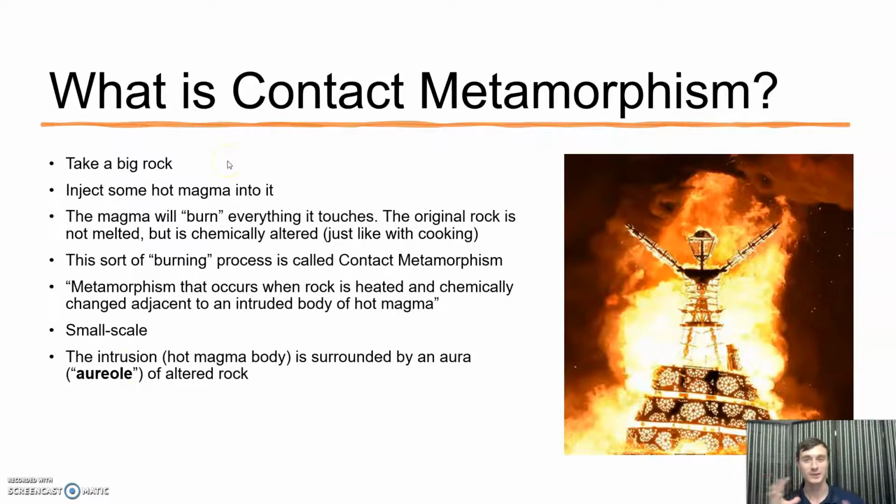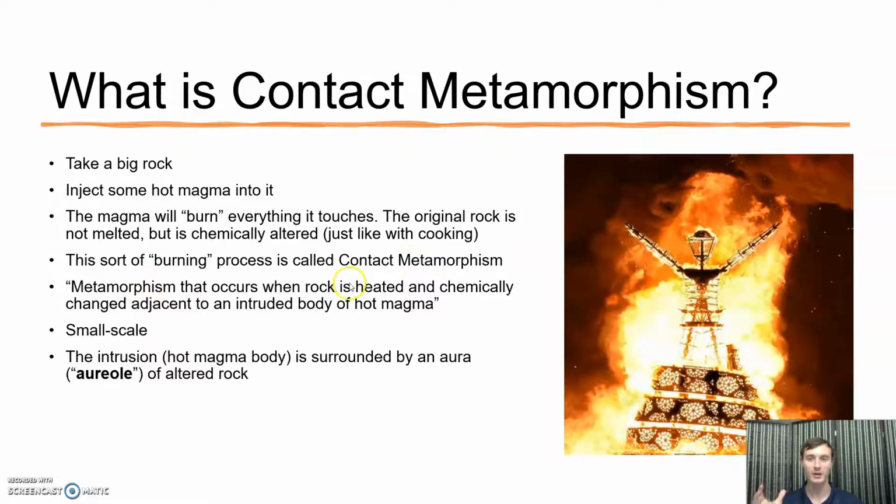So you imagine we take a rock, we inject hot magma into the rock, and everything that the magma touches is going to get burned. The stuff that's closer to the magma gets extra crispy. The stuff that's a little further away maybe gets a little bit burned. And if you're too far away, then you don't get burned at all. There's no alteration. And this sort of burning process from a hot magma or hot fluid is called contact metamorphism.